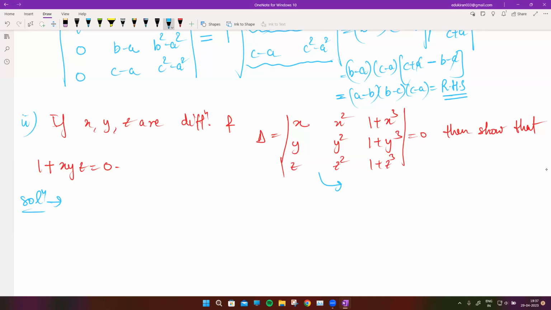So reduce this determinant to an expression, put that expression equal to 0, use this information to prove this. Use this as well. Every piece of information is useful here. Now, but the first part is to reduce this to an expression.